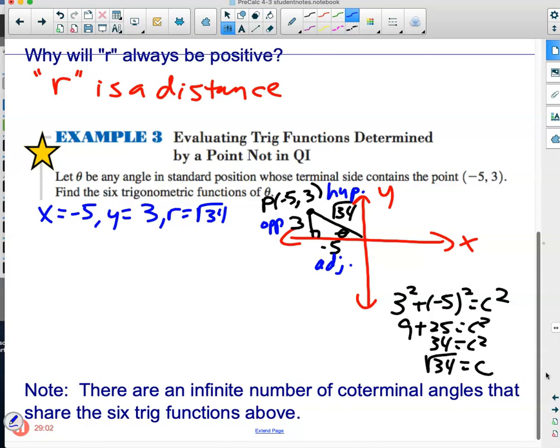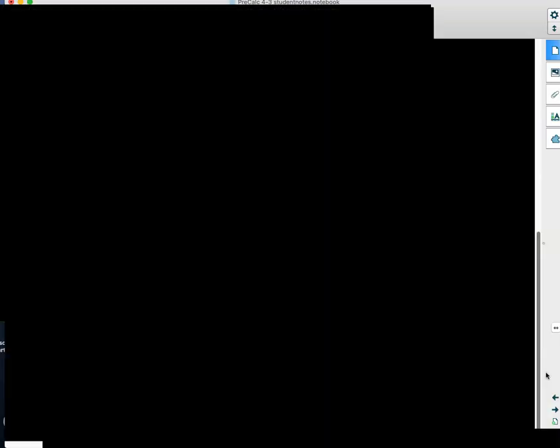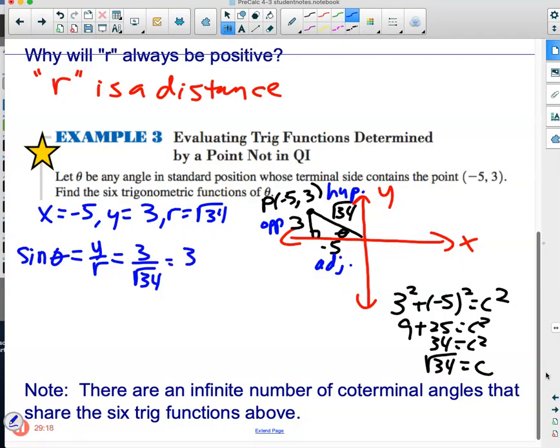So this time I think I'll use coordinate trig just to make sure that we get one of those. Sine of theta is y over r. That's going to be 3 over the square root of 34. And again, I think you've seen me do enough of that rationalizing the denominator now to realize that that's going to be 3 square roots of 34 over 34.